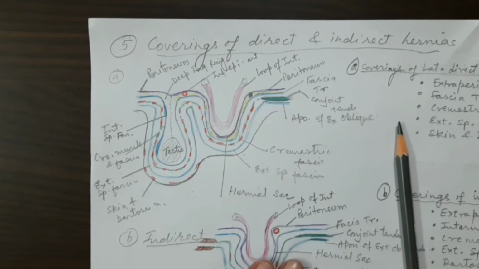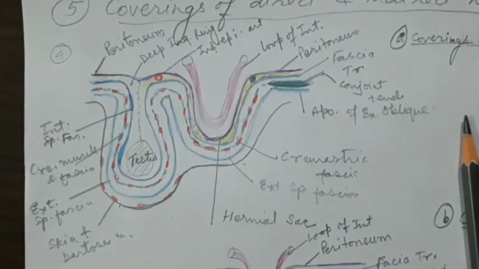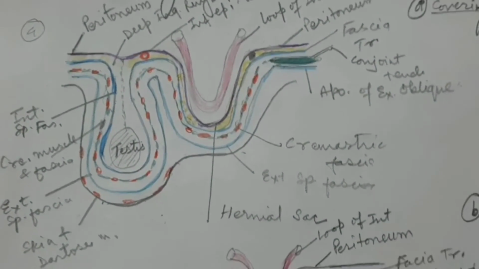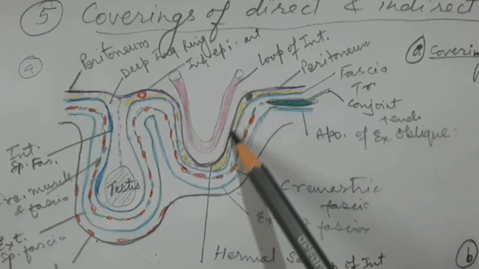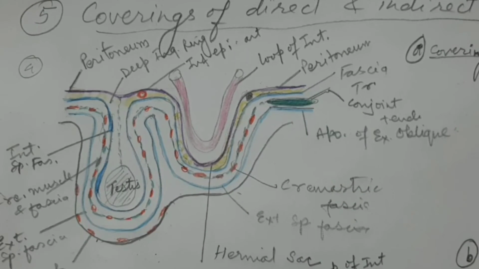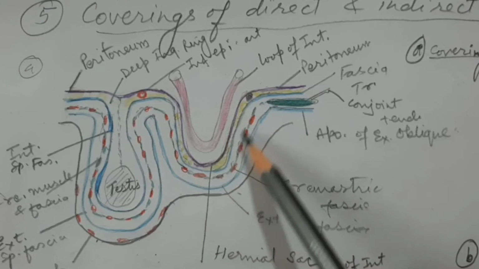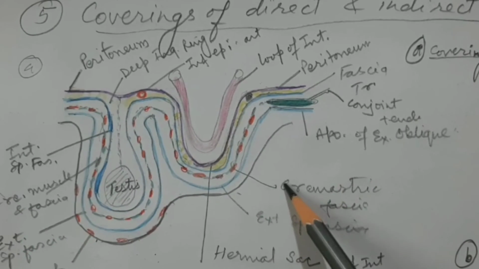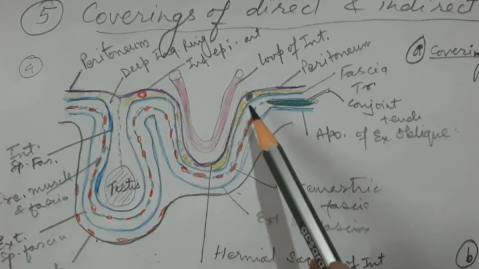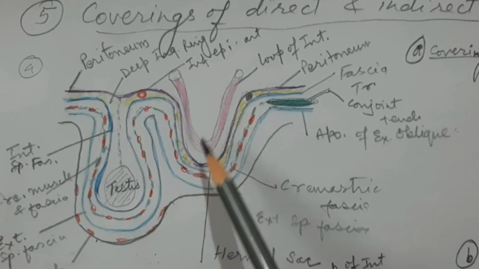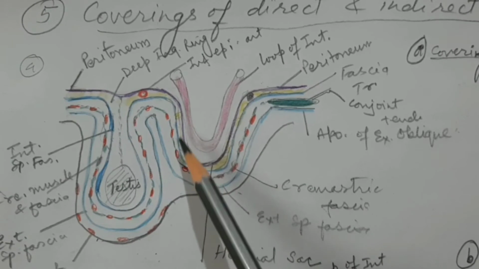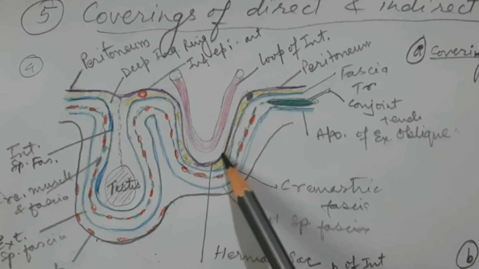Let me zoom in a little. In this diagram you can see that the yellow color is the extraperitoneal tissue. So the first covering is of the sac, which is of the direct hernia occurring through the lateral part of the Hesselbach triangle, or the inguinal triangle, pushing the fascia transversalis. This blue line is the fascia transversalis.